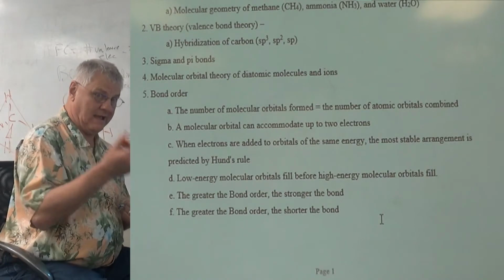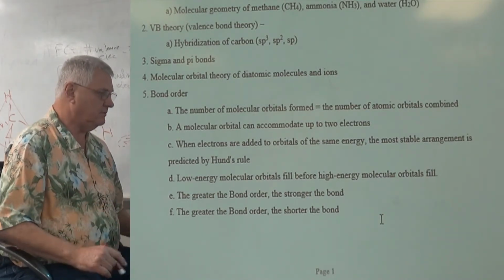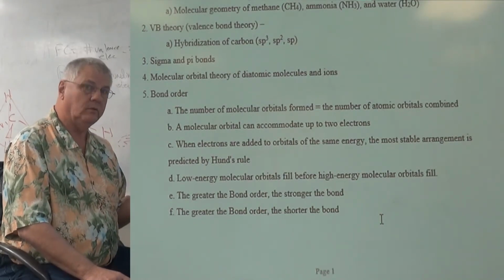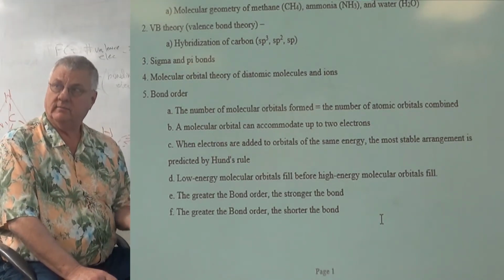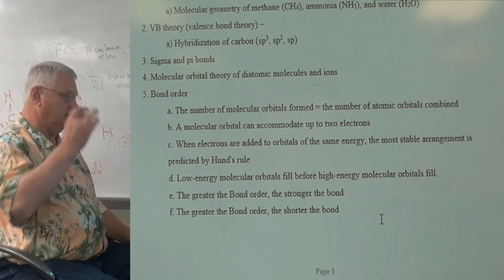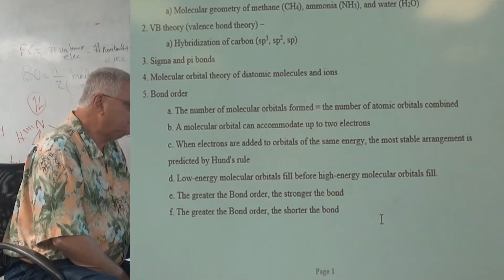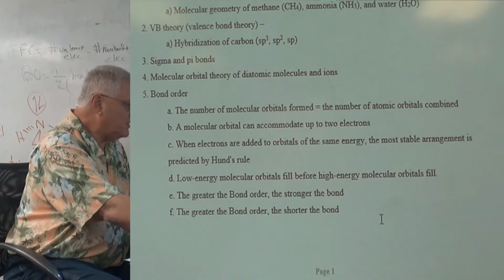Because you've got to either add or remove electrons to generate that ion. And you can calculate the bond order, whether it's a molecule or a diatomic ion. You just have to count the bonding electrons and anti-bonding electrons, okay? And we're going to look at some examples of that in the practice problems.